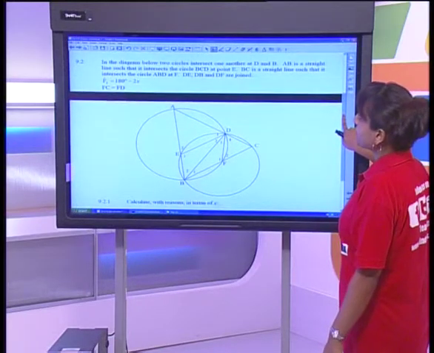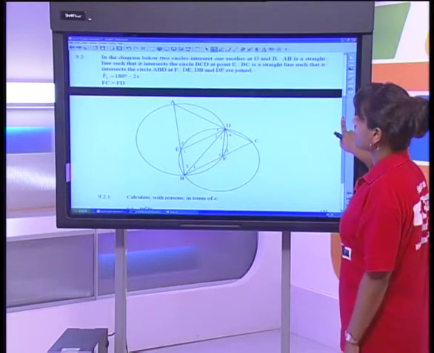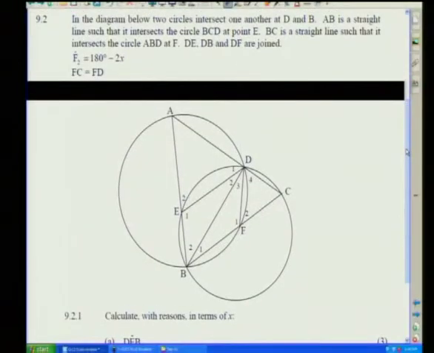All right. So in the diagram, they give you 2 circles which intersect at D and at B. AB is a straight line such that it intersects circle BCD, circle BCD being this one here below, at point E, and BC is a straight line such that it intersects circle ABD, ABD being the one towards the left, at point F, and then they tell you a few of the lines are joined.